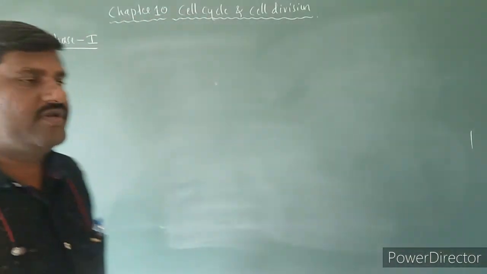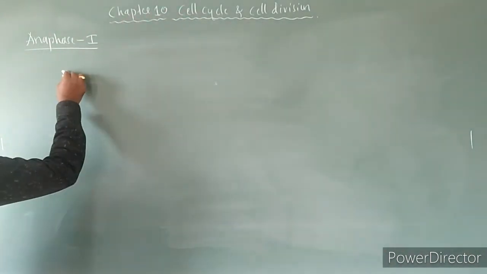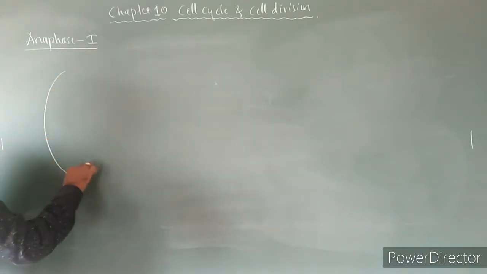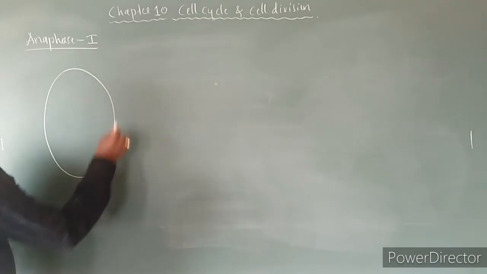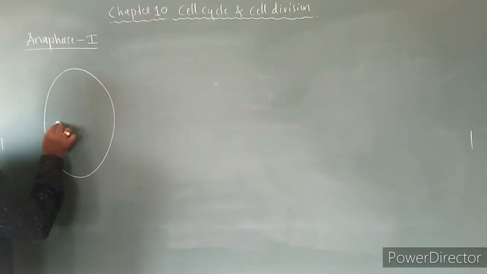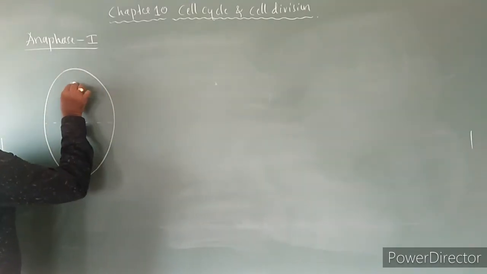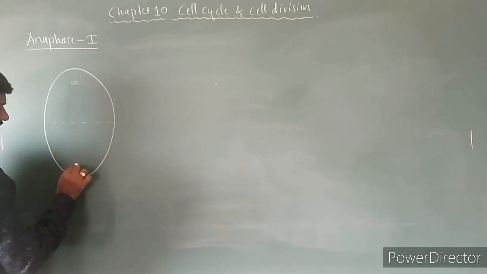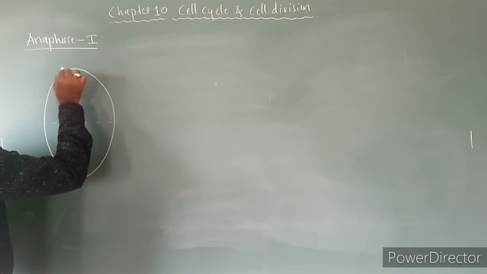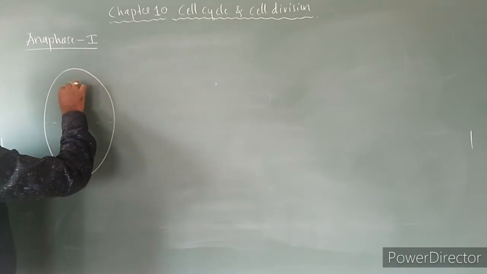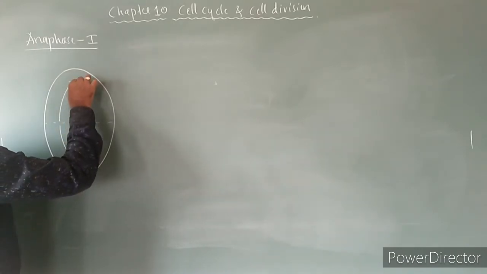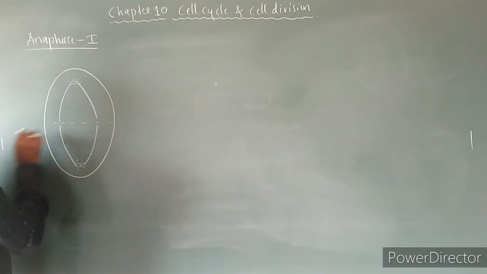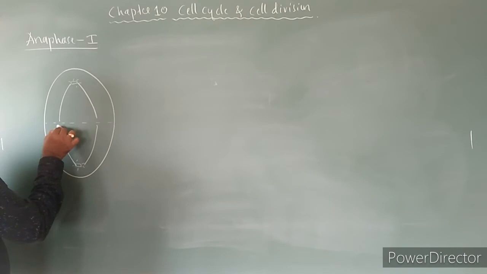In anaphase 1, this is the cell, this is the equatorial line, this is one aster, this is another aster. What happens over here is the spindle fiber is like this, to which the chromosomes are attached.